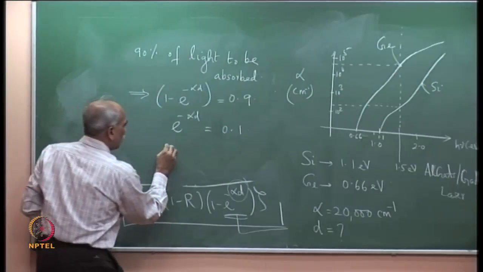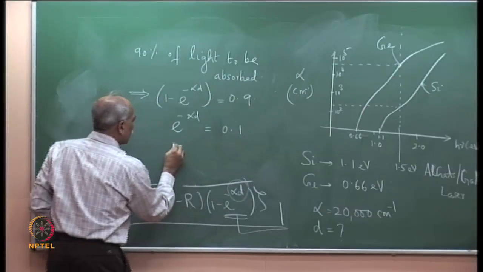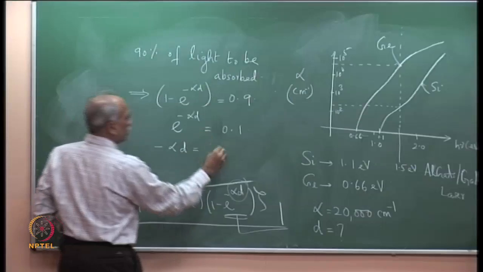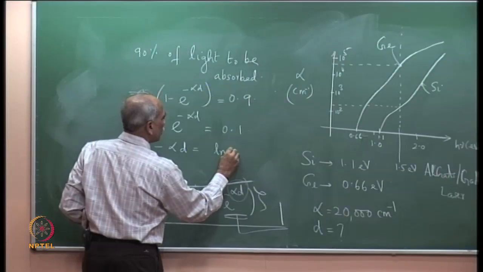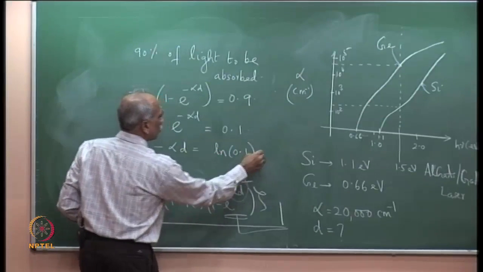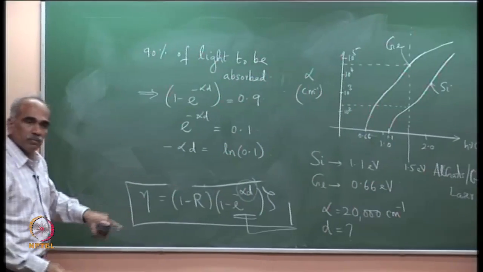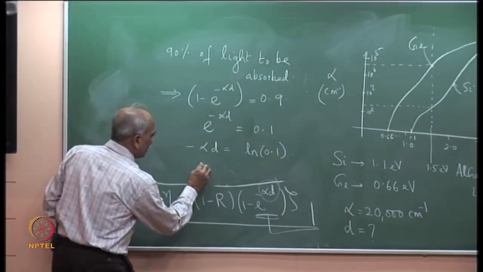And therefore, if you take the log, minus alpha d is equal to ln 0.1, which is 1 by 10.